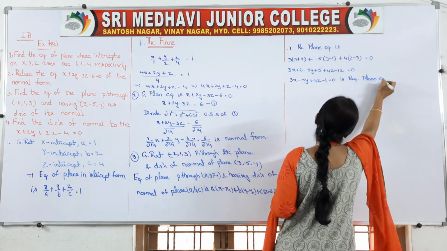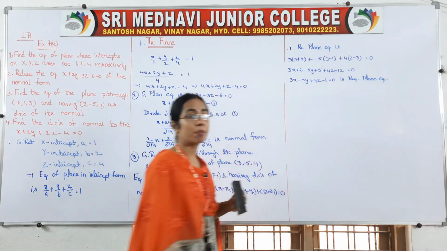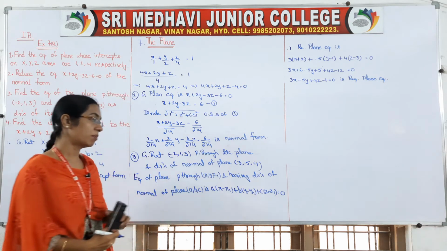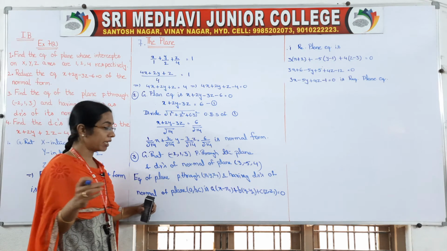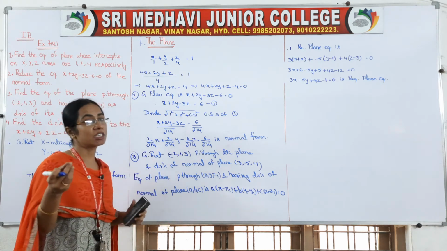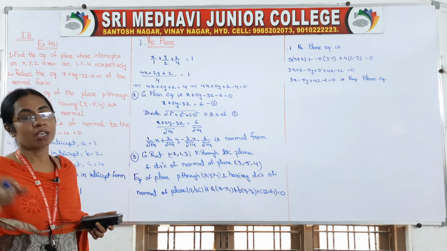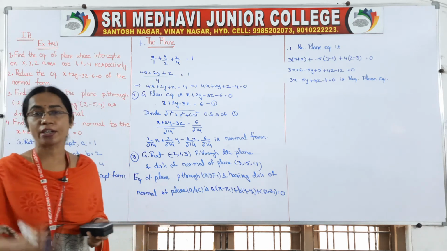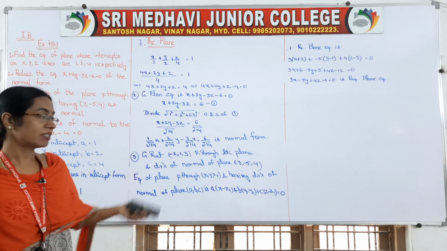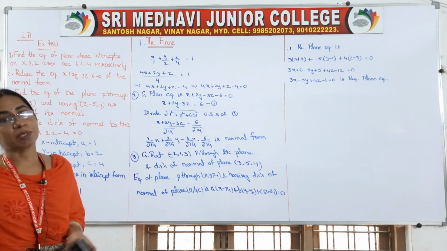This is the required plane equation. So there is a formula if we know the point through which the plane passes and the direction ratios of the normal of the plane. Normal means the line perpendicular to the plane, and that line's direction ratios are A, B, C.